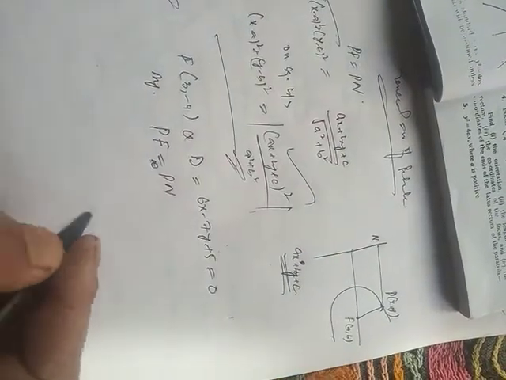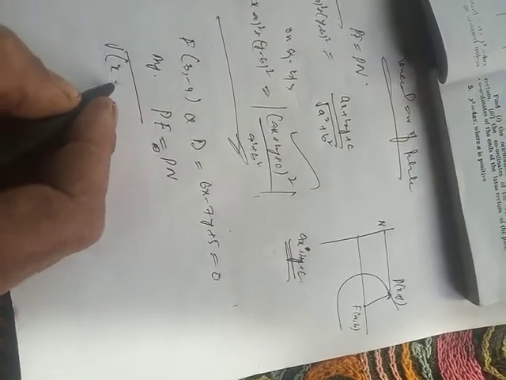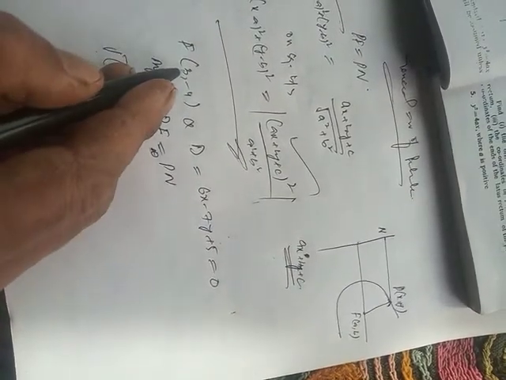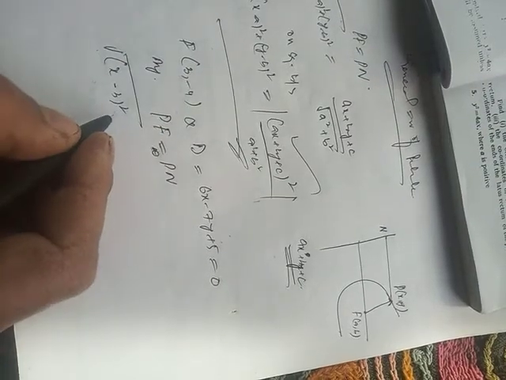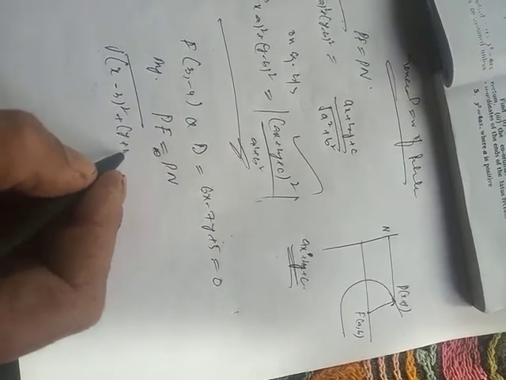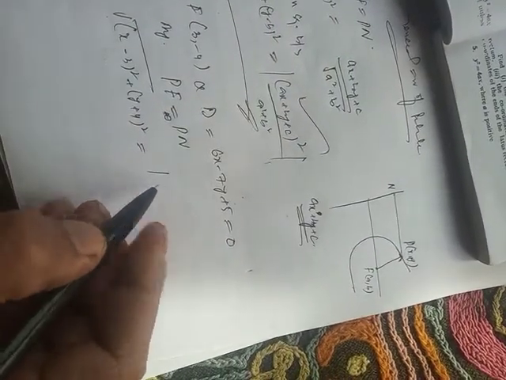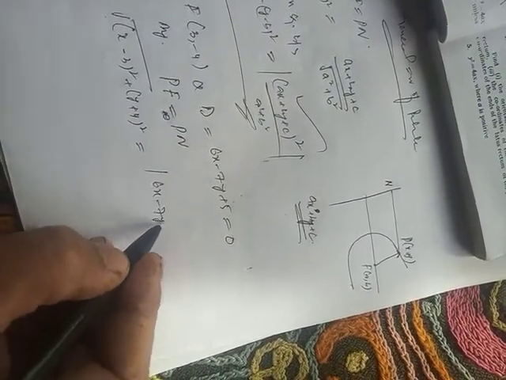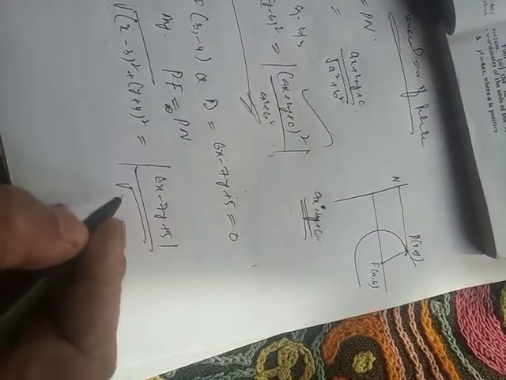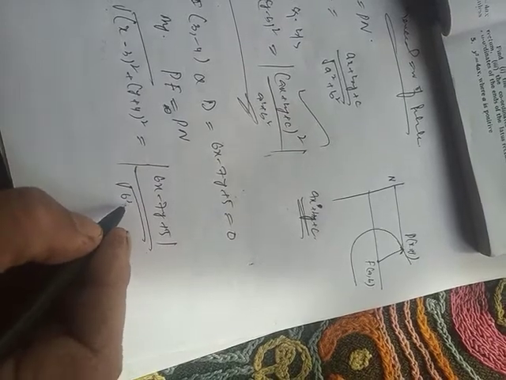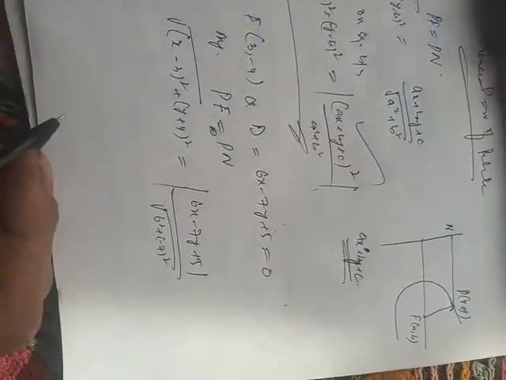By the distance formula, (x minus 3) whole square plus (y plus 4) whole square is equal to the modulus of 6x minus 7y plus 5 divided by under root of 6 square plus minus 7 square.